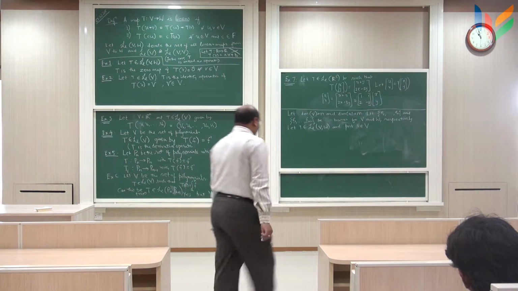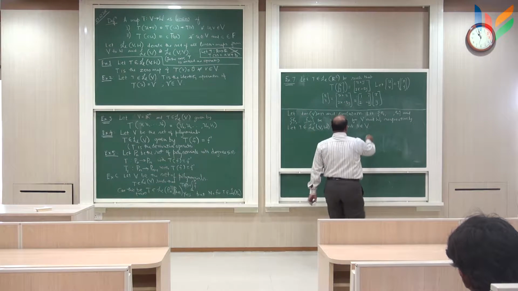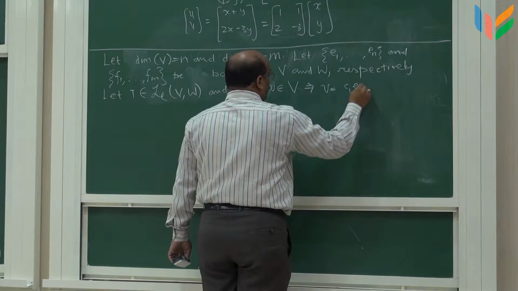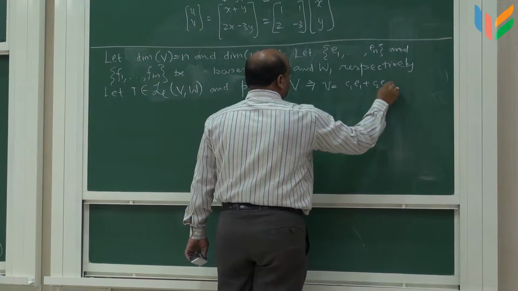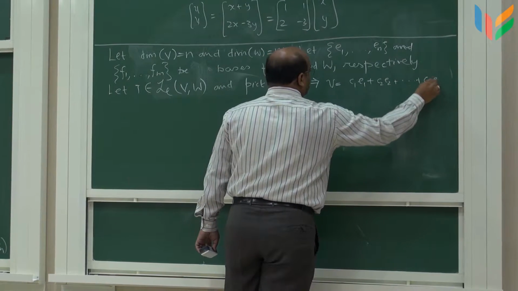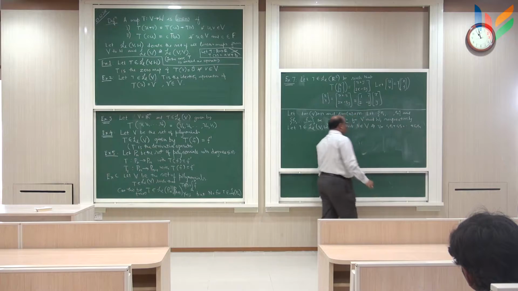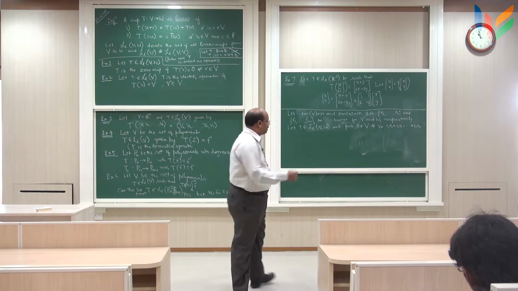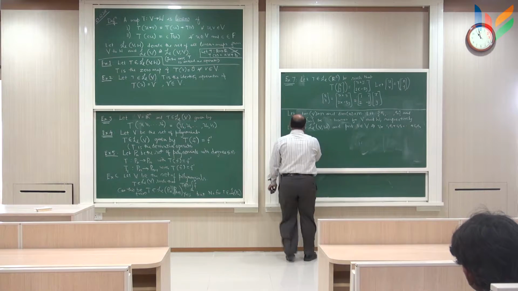So v is equal to C1 times E1 plus C2 times E2 up to Cn times En, right, for some C1, C2, C3. Okay.